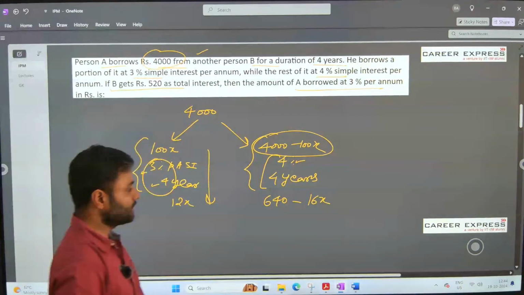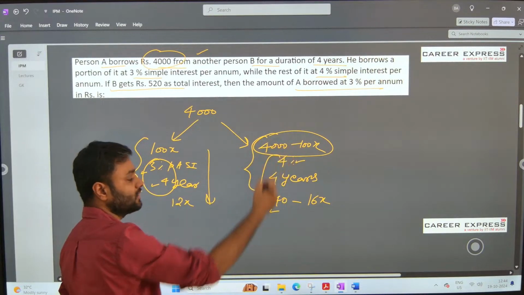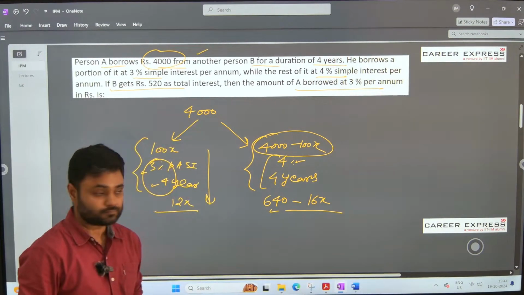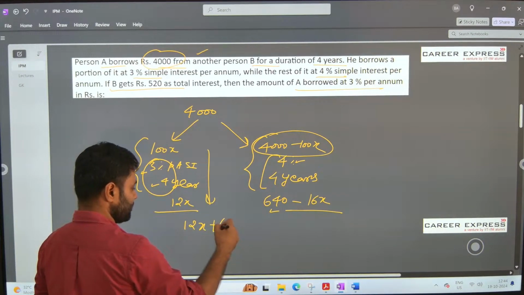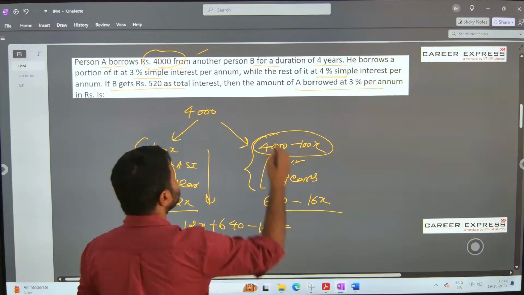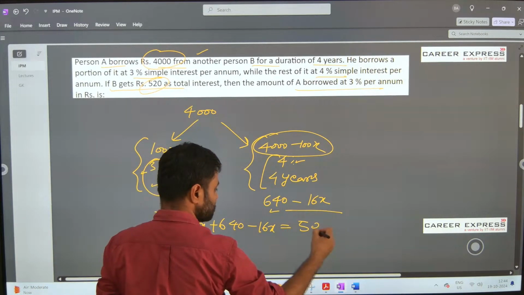So this is the total interest that B gets from the other amount. So total interest will be this much plus this much. If we add these two, 12x plus 640 minus 16x, that should be the total interest that B receives, that is 520 rupees.